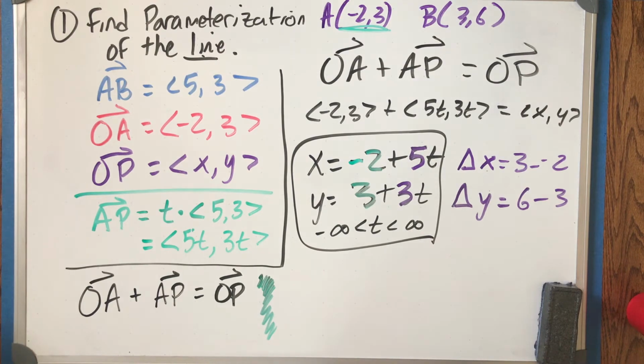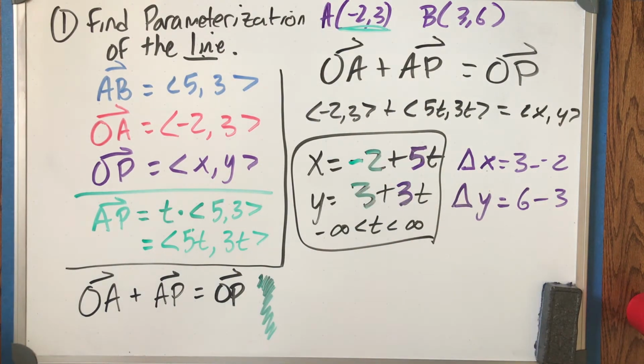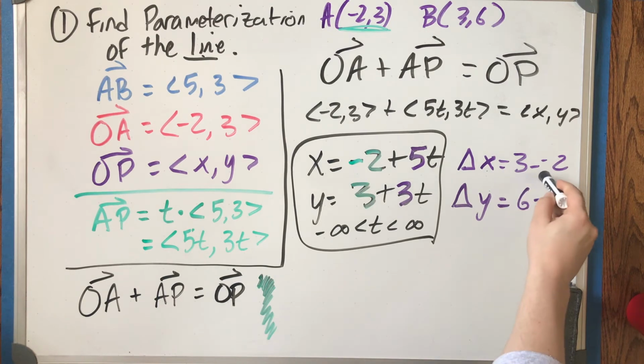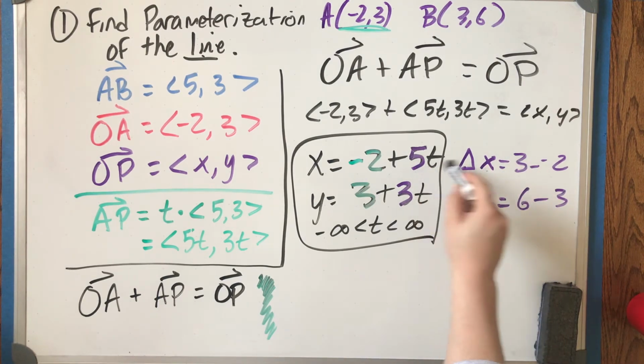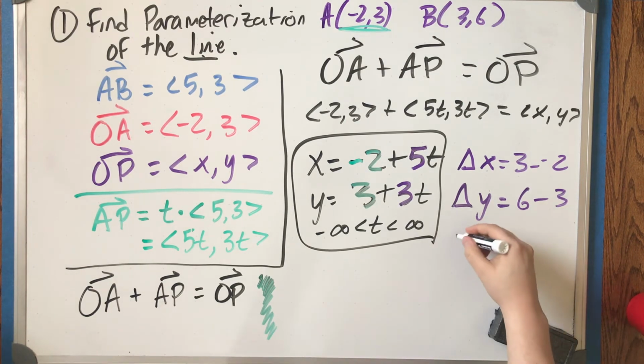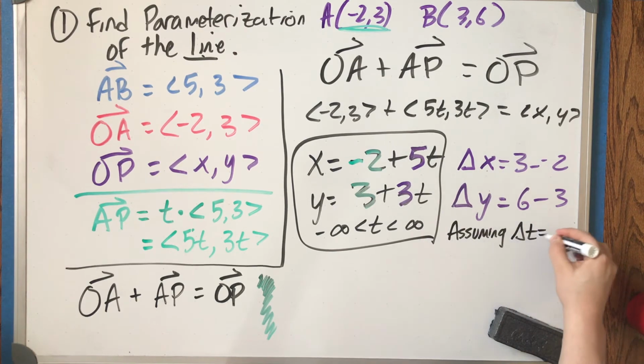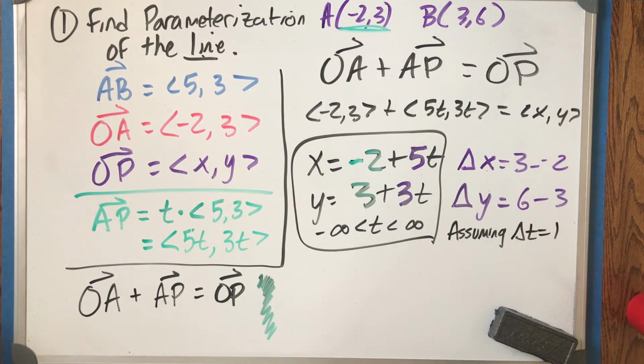So there's one last thing that we need to think about, which is what about the t value here? Because in the warm-up we had delta x over delta t. So if we're letting this value right here be 5, what we're assuming here is that delta t equals 1, because we weren't told otherwise.